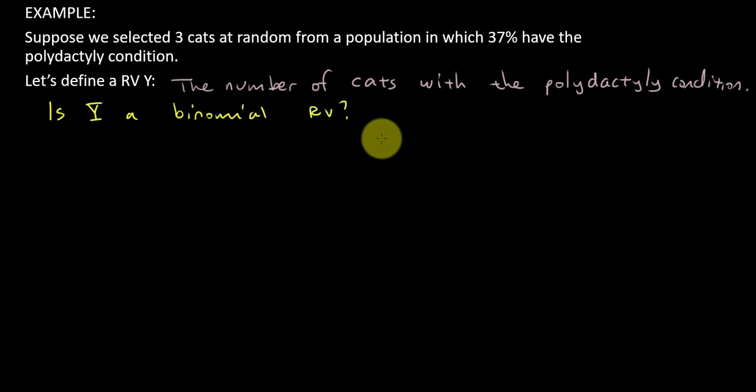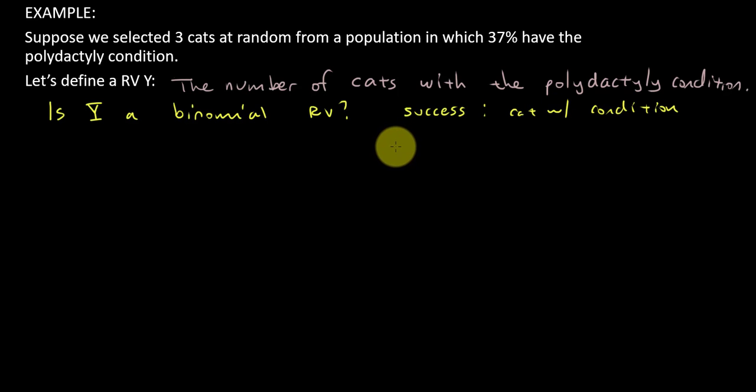Are there 2 possible outcomes? Yes. Either a cat has the condition or a cat does not have the condition. So here a success is a cat with the condition.